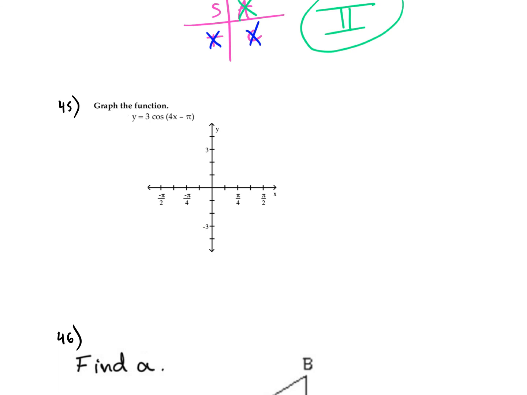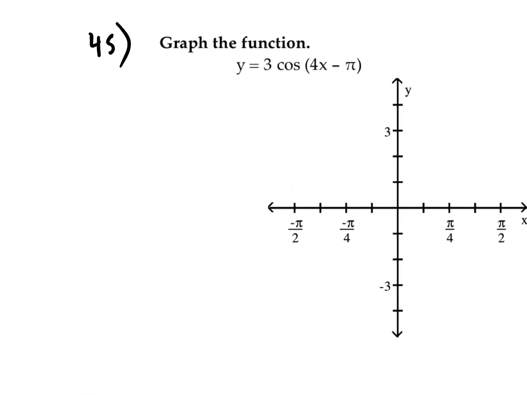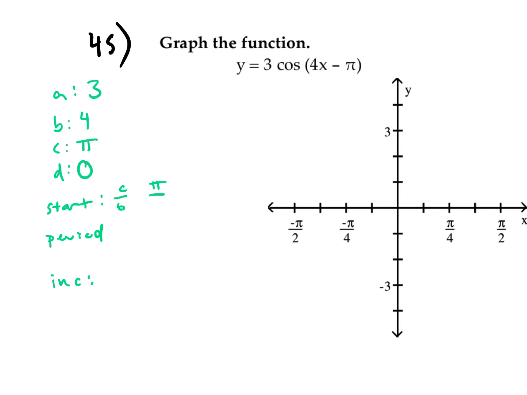45, graph the function. So this was on our last test. We need A, B, C, D, starting point, the period, and the increments. So A is what? 3. B, 4. C, pi. And D is 0. So our starting point is C over B. So that would be pi over 4.